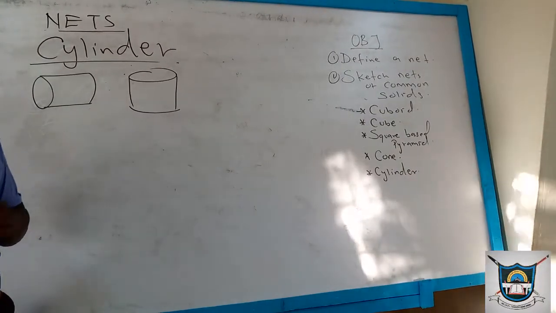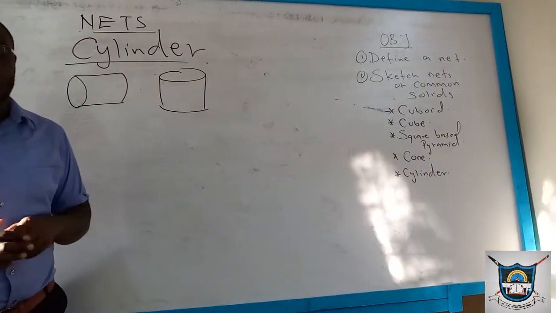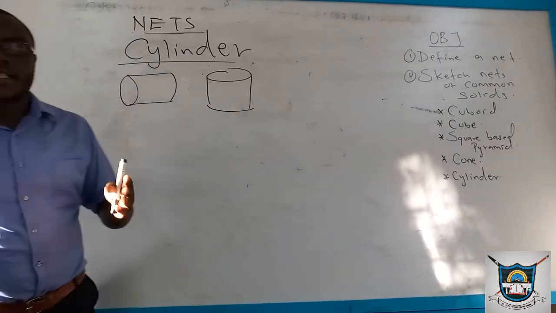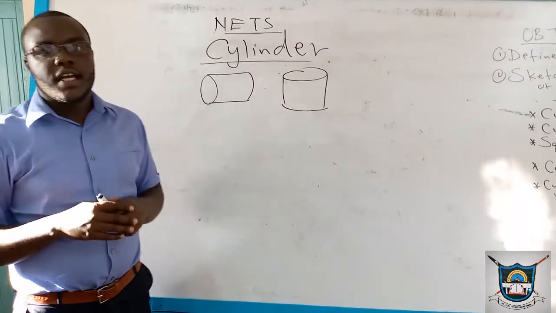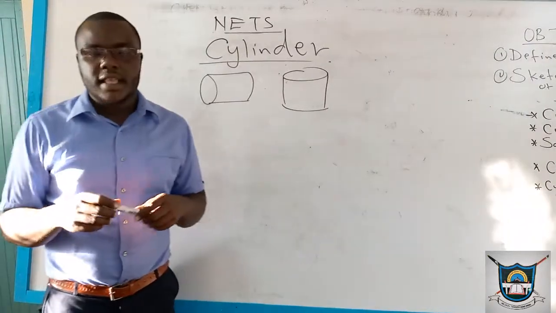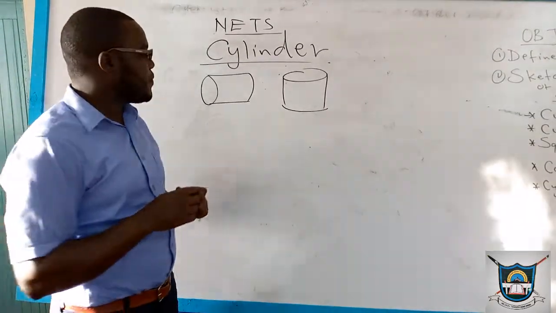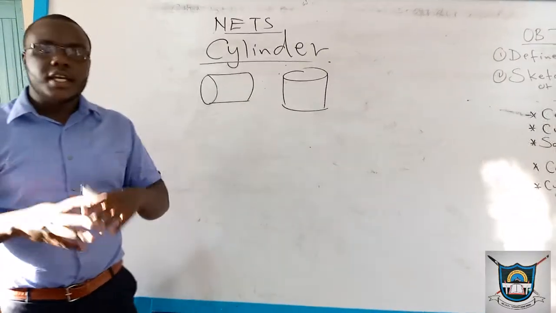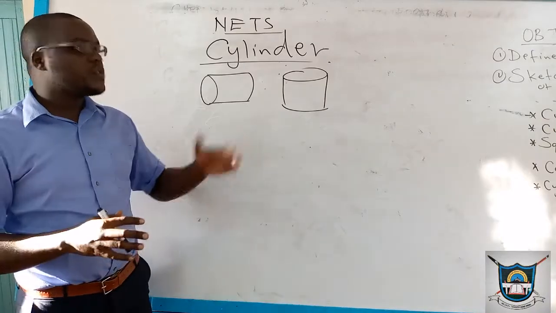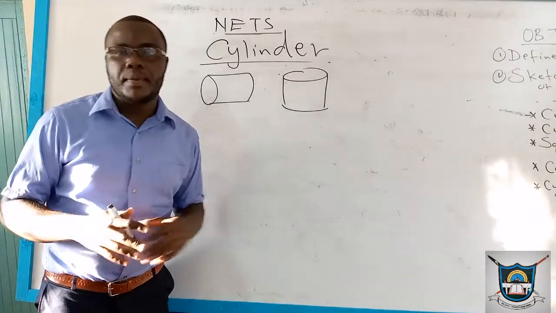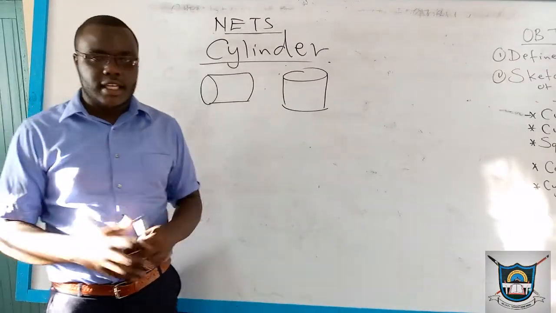Today, we are going to look at a cylinder. We have been having drinks using cups. We have been writing with pens that are in cylindrical shape. And today we want to look at if you want to design a small box that is cylinder in shape so that you can pack your cup, what do you need as a sketch?